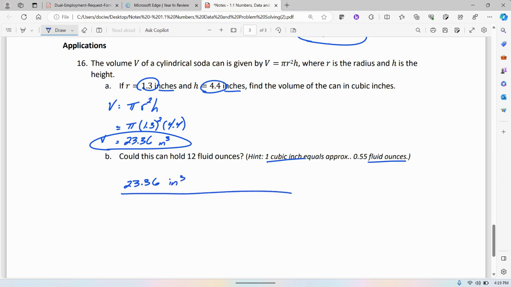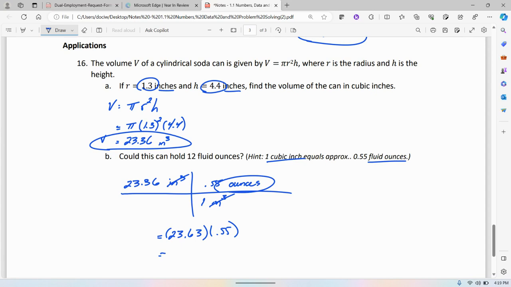I'm going to set up a little fraction here. 1 cubic inch equals 0.55 ounces. The reason I chose to put the 1 cubic inch on the bottom is because now my units, cubic inches, cancel. And if I multiply 23.36 times 0.55, my units will be the ounces.